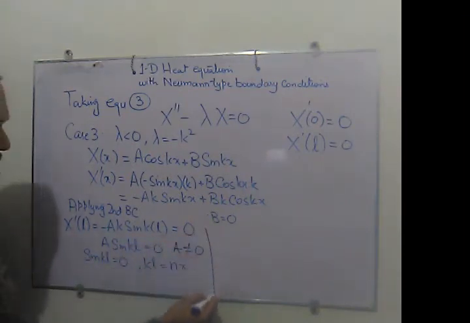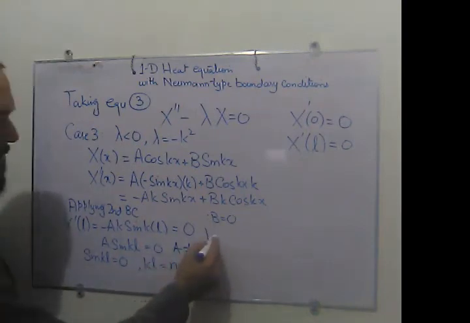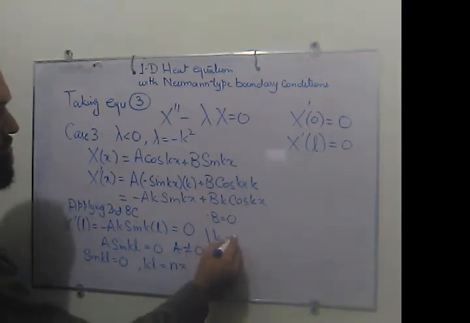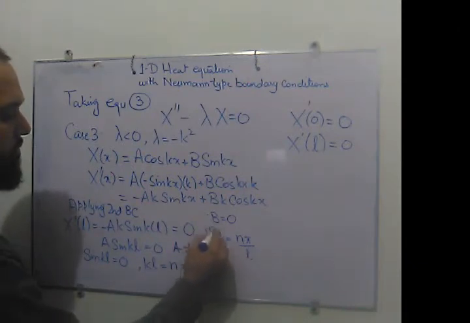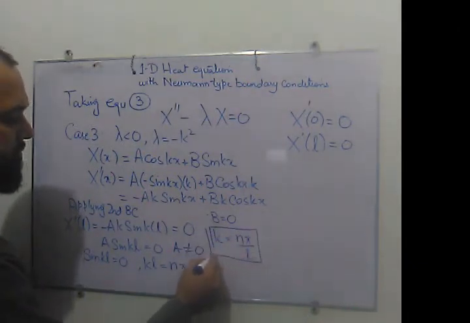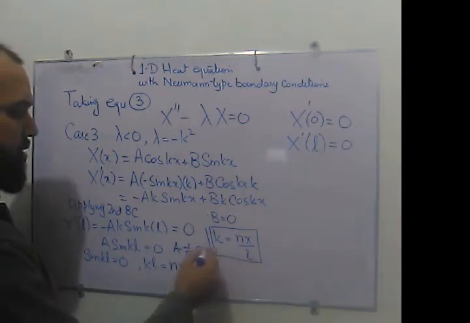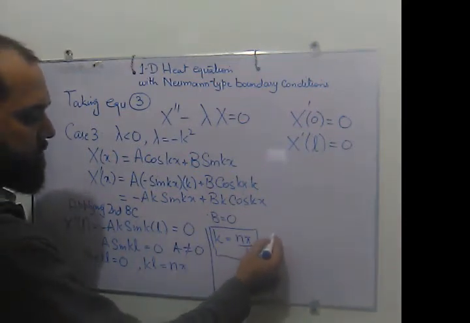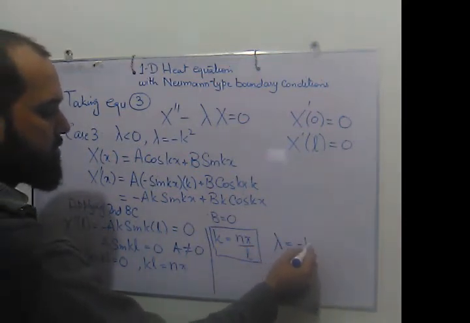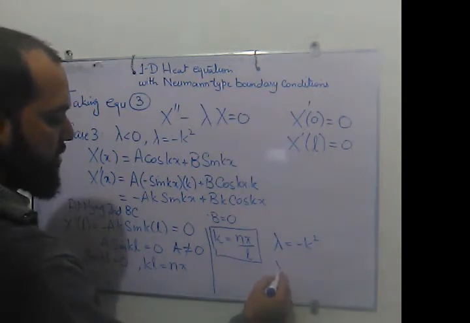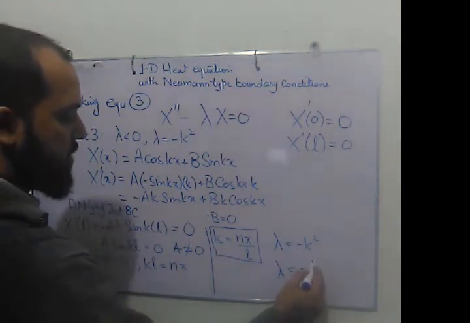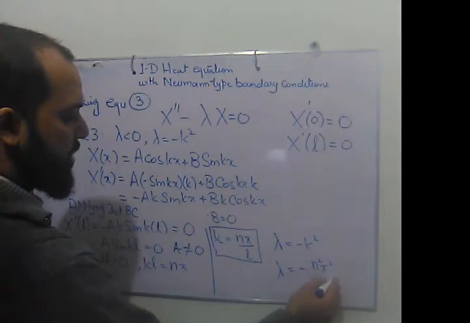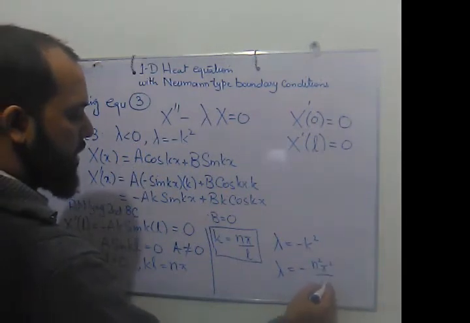So if kL is equal to n pi, which means that k is equal to n pi upon L. And if we say that lambda is equal to minus k square, it means that lambda is equal to minus n square pi square upon L square.